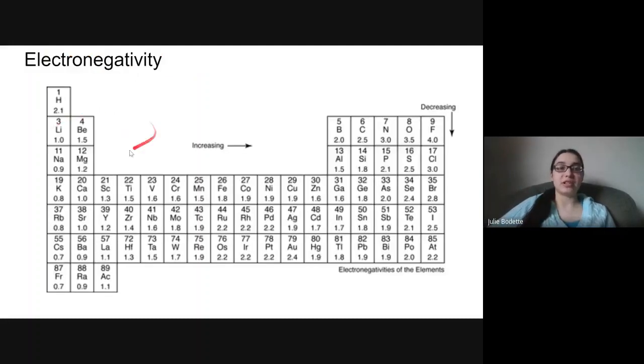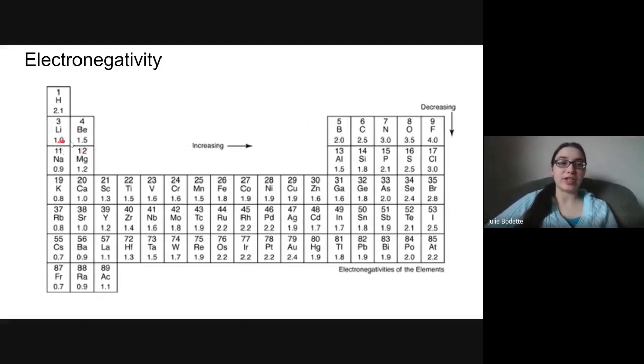So here's the trend in electronegativity. I'm first just going to talk about this trend from left to right. Electronegativity increases as you go from left to right. You can see this on the table in the numbers for electronegativity, right? For example, lithium is 1, beryllium is 1.5, boron's 2, carbon's 2.5.